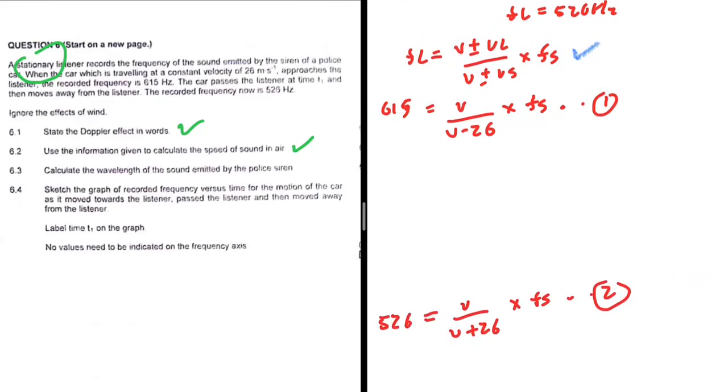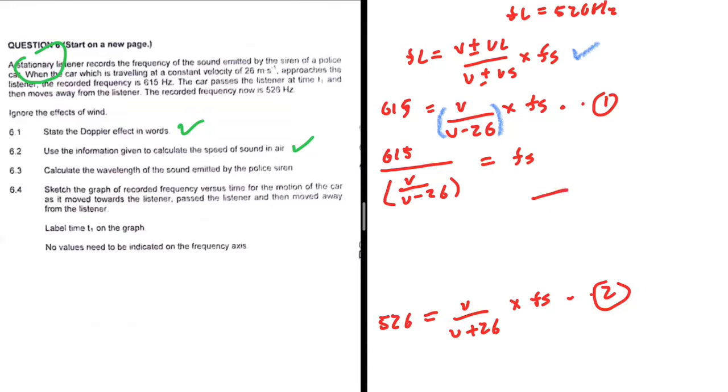So with equation 1, we're going to say 615, everything divided by V over (V minus 26), is equal to Fs. We're just dividing everything by the coefficient of Fs. But we can switch that division into a multiplication, right?